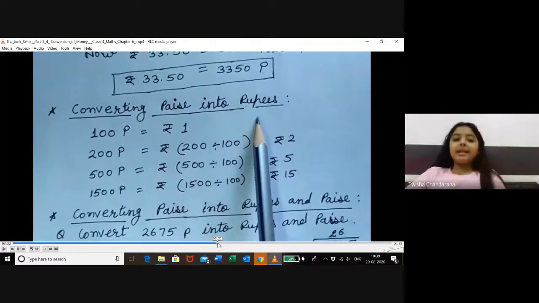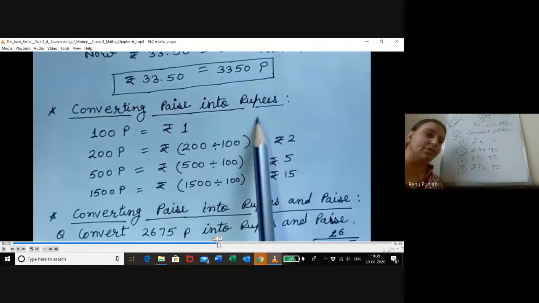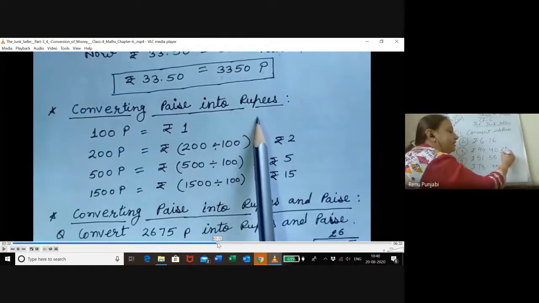Ma'am, if it's 25 paisa and we have to convert it into rupees? It is 25 paisa and you want to convert it into rupees. See, when you divide 25 by 100, you have to put the decimal, so it will be 0.25. How will 25 paisa be converted into rupees?